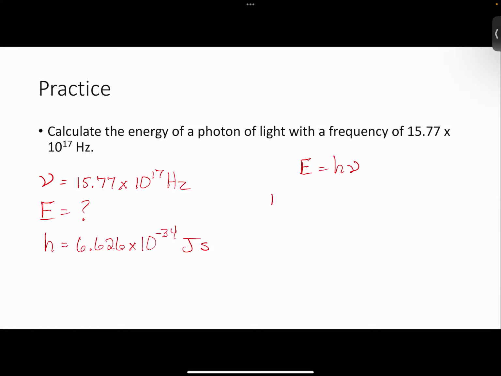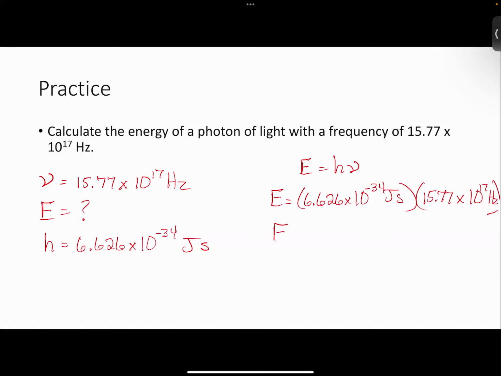So our energy is going to equal 6.626 times 10 to the minus 34 joules times seconds, times 15.77 times 10 to the 17 hertz, which is per second.